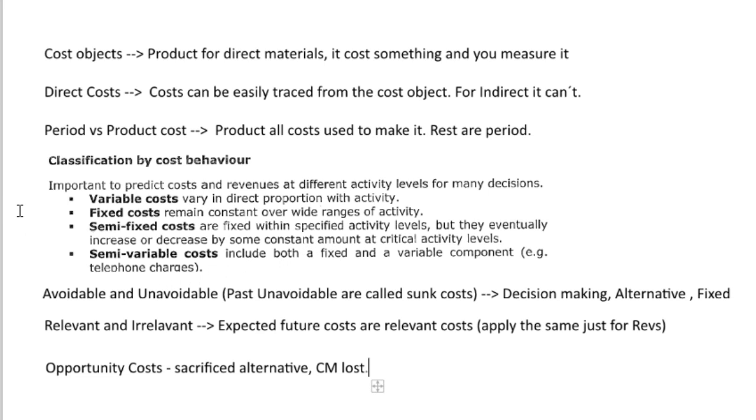Then there's avoidable and unavoidable. Remember, past unavoidable costs are called sunk costs, and basically they're used for decision making. We just look at the avoidable costs, not the unavoidable costs, when we're doing decision making, because the unavoidable ones are going to be there no matter what, right?